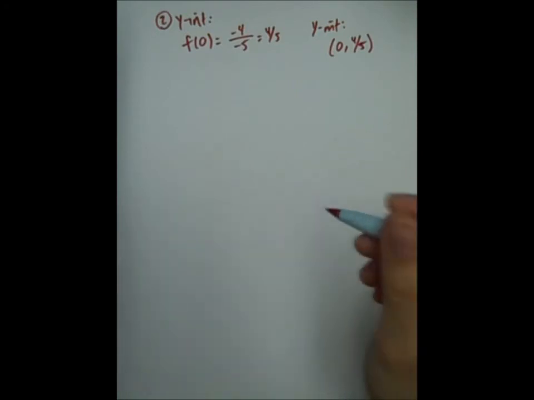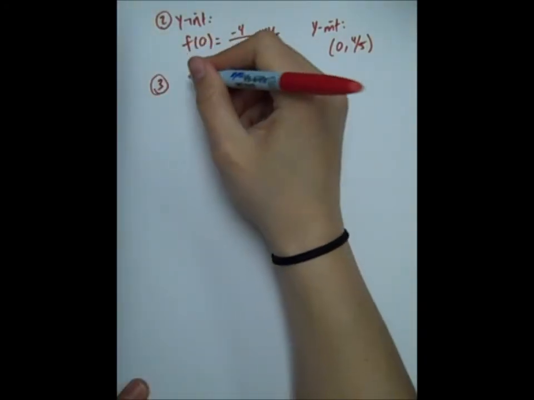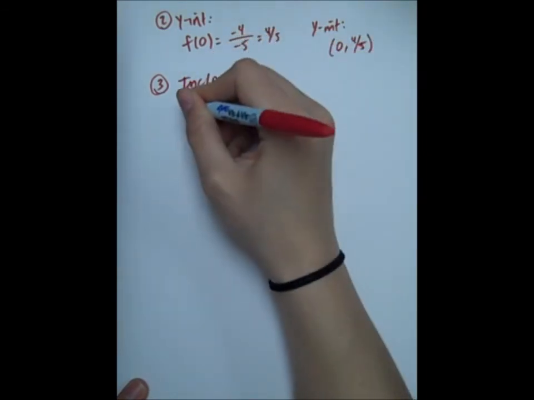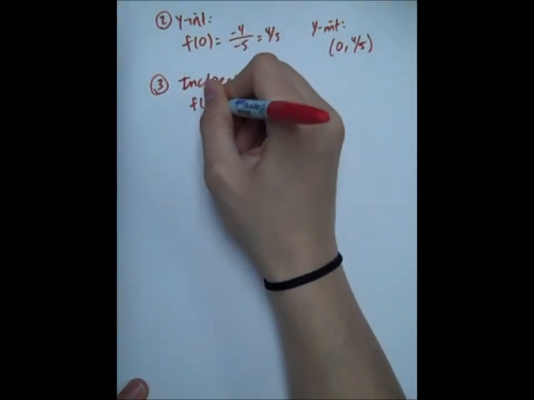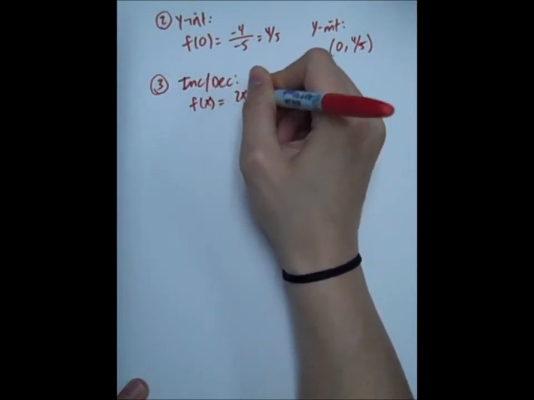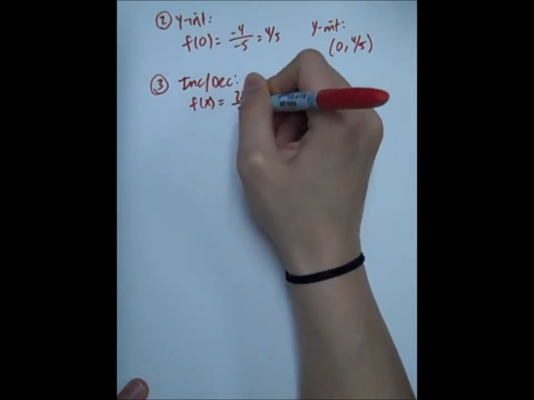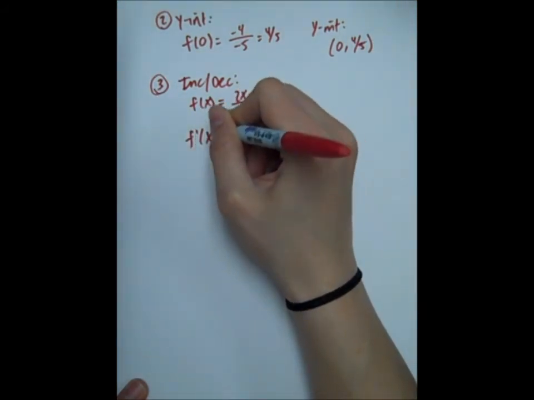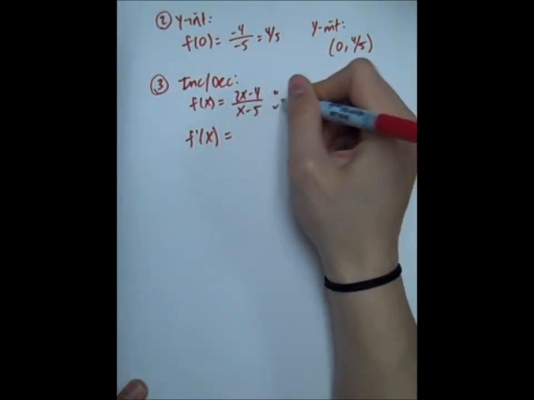Okay, now I need to look at intervals of increasing, decreasing. So that's the first derivative. My function was (2x minus 4) over (x minus 5). To find the derivative, I've got to use the quotient rule. So this is my u, here's my v.